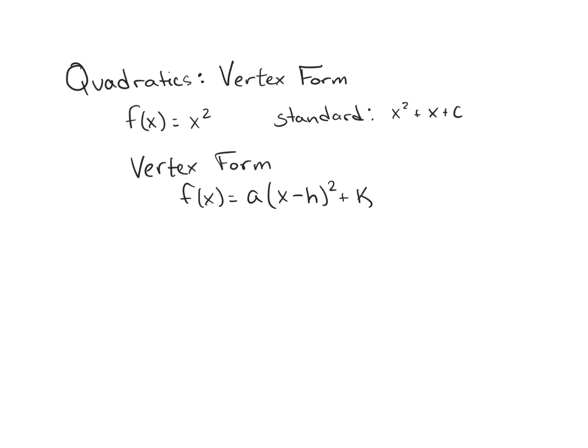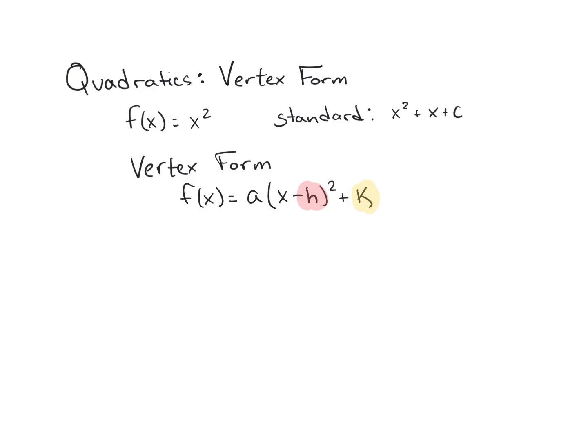Now, this vertex form should actually look really familiar because this is the type of form that we saw when we were talking about transformations of functions. We had our up and down movement here, and we had our horizontal movement here.